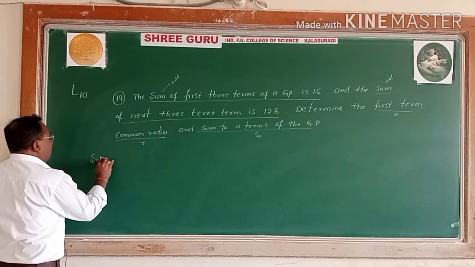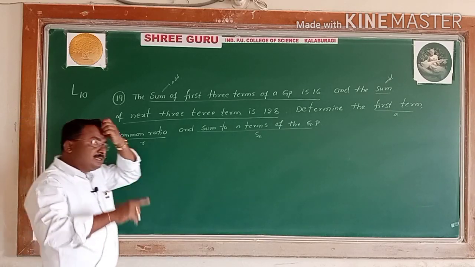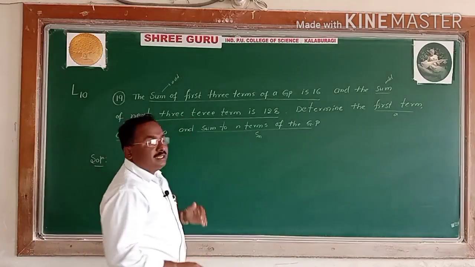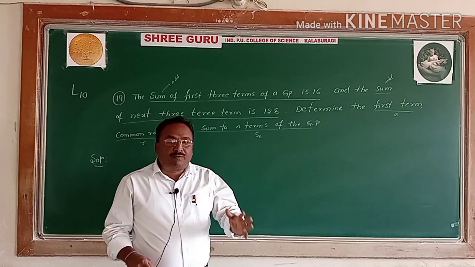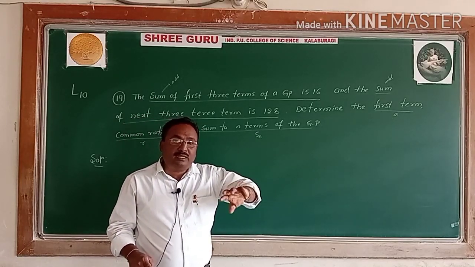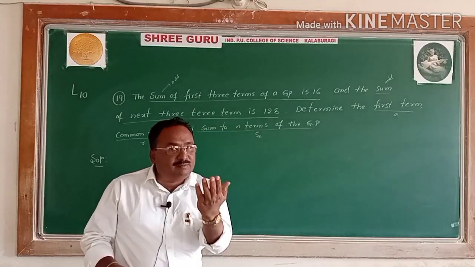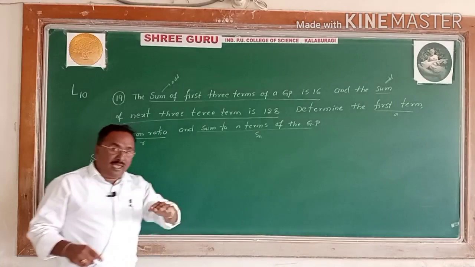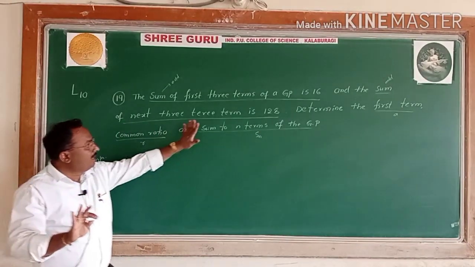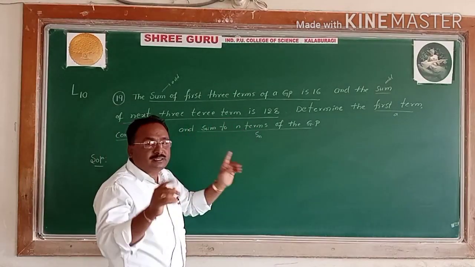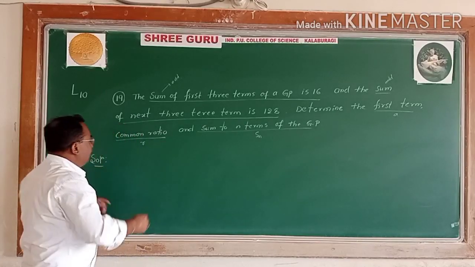Solution. Listen carefully. In previous example number 17, the sum of the first terms is given and their product is 1. If product is 1, take the terms A by R, A, AR. But here any product is there? No product. That terms take.